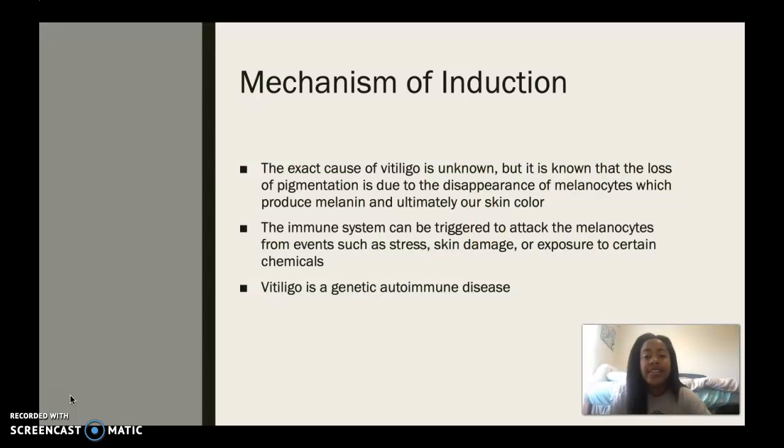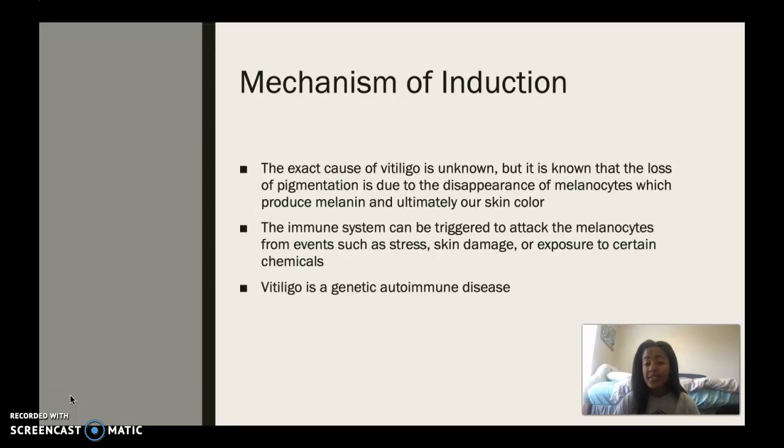The exact mechanism of induction for vitiligo is unknown. All they know is that it's due to the disappearance of melanocytes, which are ultimately in charge of our skin color and how much melanin we produce.